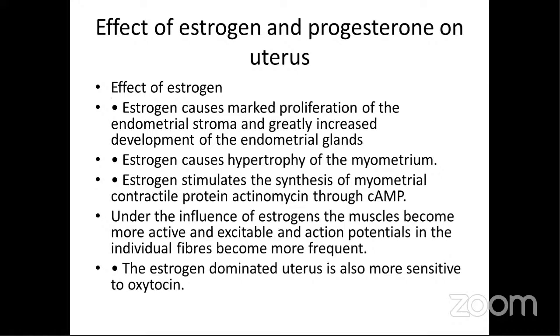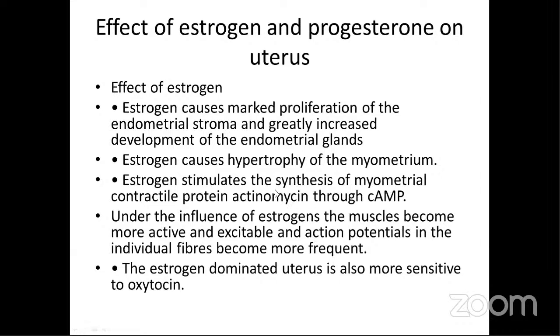Now, on the elaborated points, you can remember the effect of estrogen. Estrogen causes marked proliferation of the endometrial stroma and greatly increases the development of endometrial glands. It causes hypertrophy of the myometrium. It stimulates the synthesis of the myometrial contractile protein actomyosin through cyclic AMP.